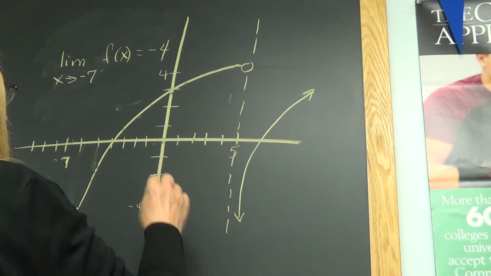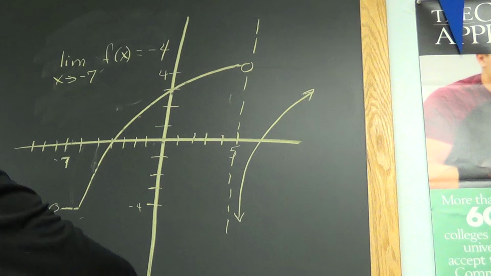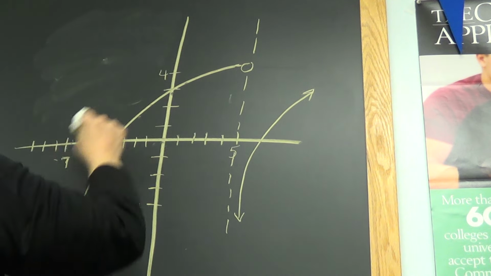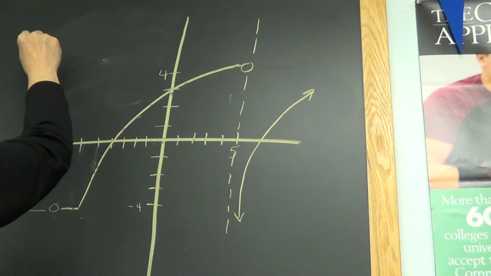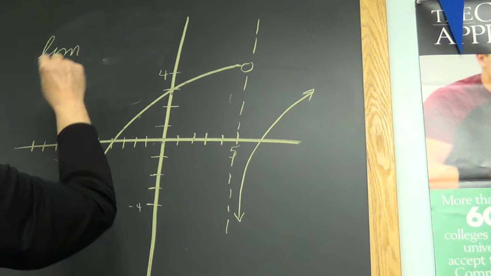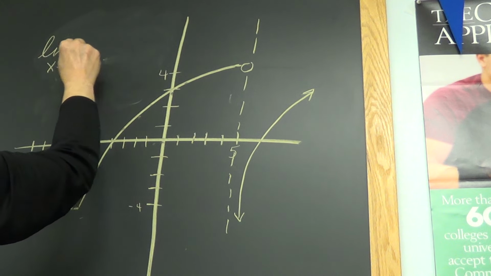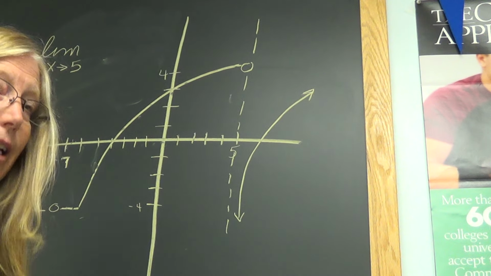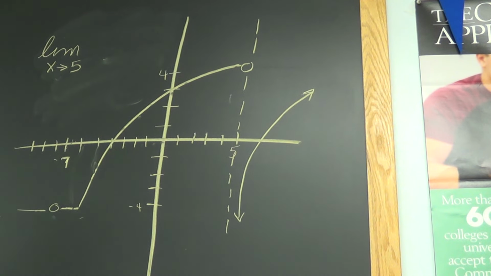So I'll give you a couple to do at home in your comp books, and we'll check those first off when you come in tomorrow. So let's do the limit as x approaches 5. What I'm asking you to do is check it from the left and the right, and if it's the same, then you will have the limit. If not, it would not exist.